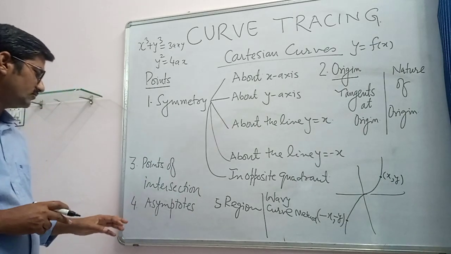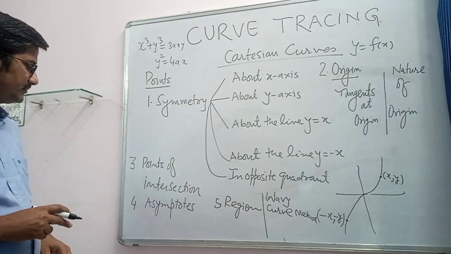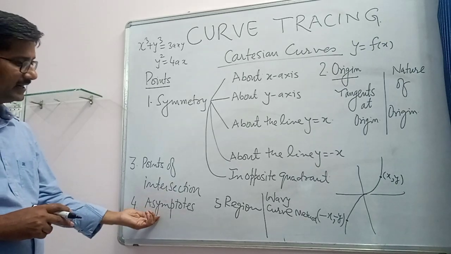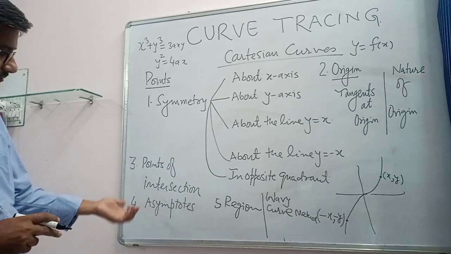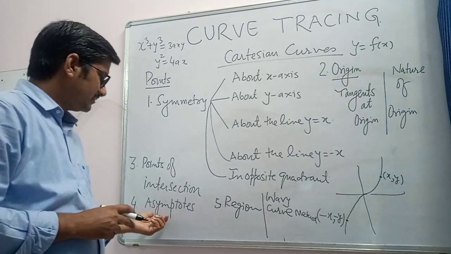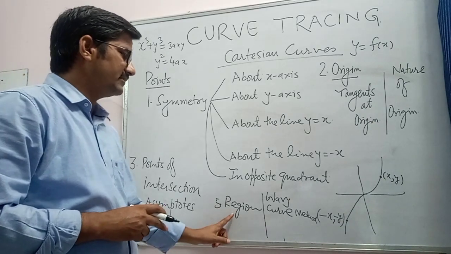The next point is the asymptote. We have to find whether there are some asymptotes in the curve, and we will discuss the methods for finding the asymptotes. The last point will be the region.